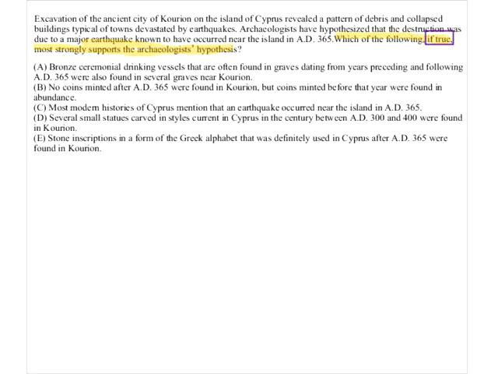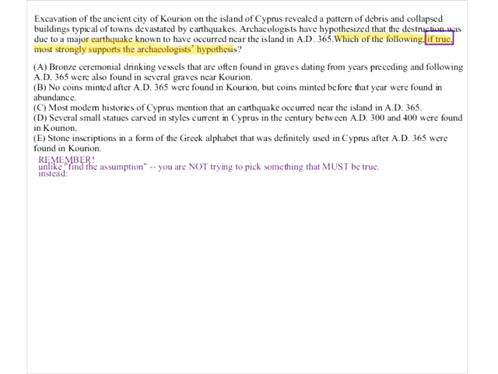So let's keep that in mind. Remember that going outside the scope here is okay. Unlike find the assumption, you are not trying to pick something that must be true.